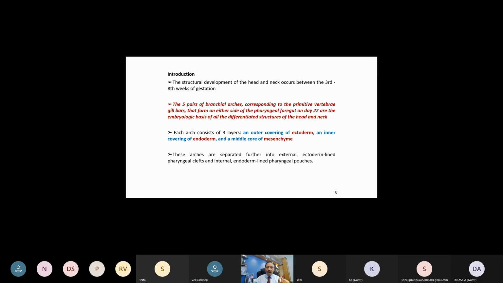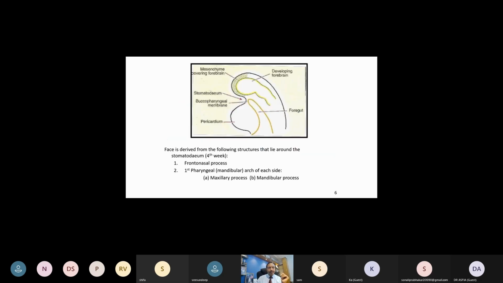Each arch consists of 3 layers, as you all know: the outer ectoderm, an inner covering of endoderm, and the middle core of mesenchyme. This is how all the layers are formed. Now, these arches are separated further into external ectoderm-lined pharyngeal clefts and internal endoderm-lined pharyngeal pouches.